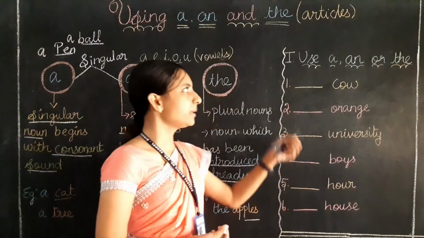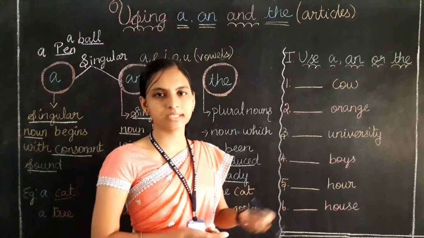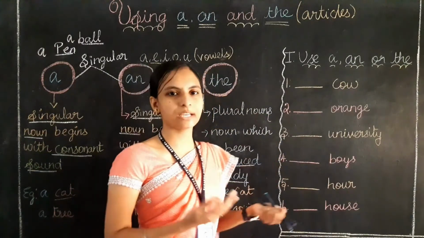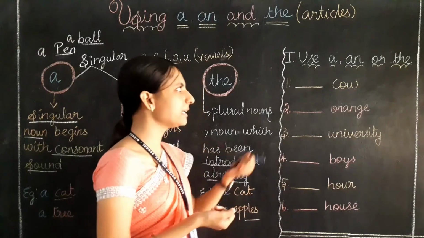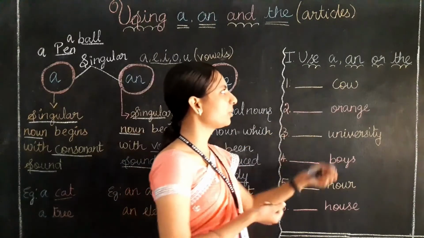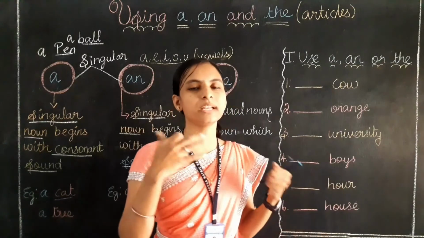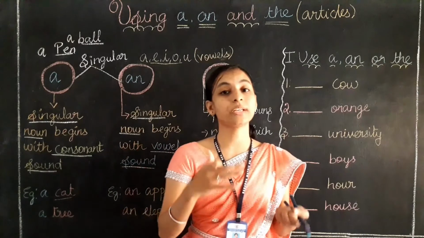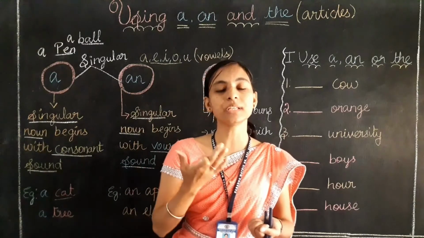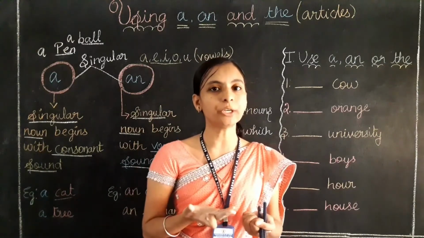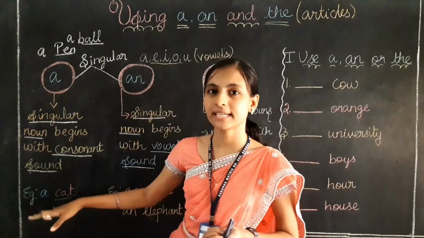Shall we do one more exercise for your understanding? Okay, I have written one exercise: use a, an, or the. It has been taken from the back exercise of your book. Let's do it. Dash cow. Here you have to find out which article can be used for these nouns. If it is singular and it begins with a consonant sound, which article do you need to use? Yes, article a.